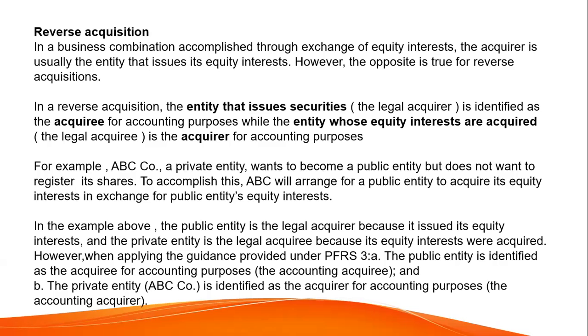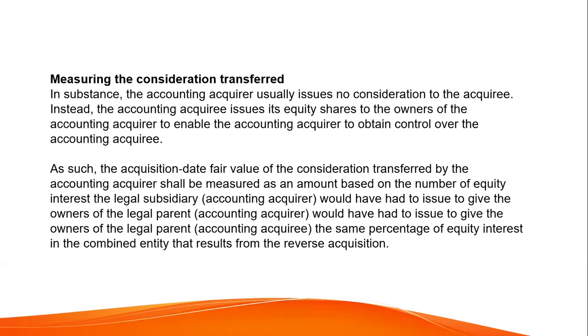However, when applying the guidance provided under PFRS 3, the public entity is identified as the acquiree for accounting purposes, the accounting acquiree, and the private entity is identified as the acquirer for accounting purposes, the accounting acquirer. So in other words, we have the reverse treatment.